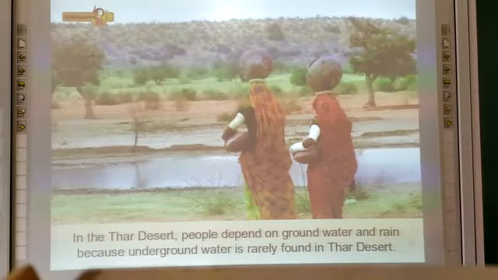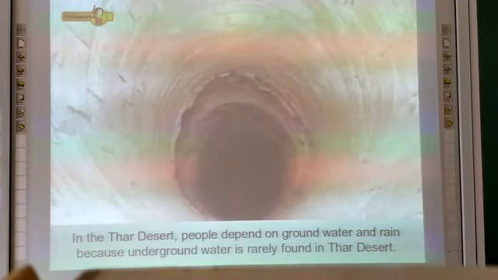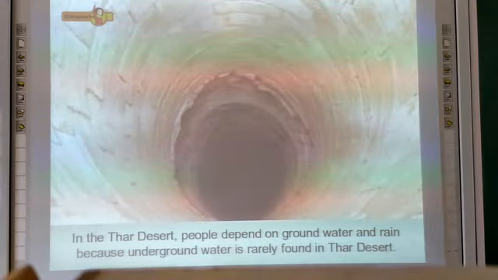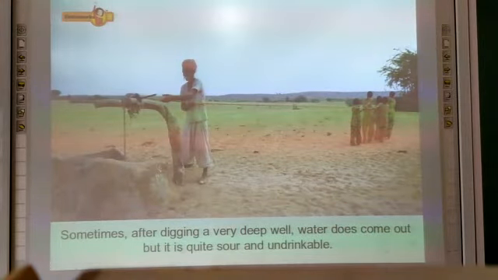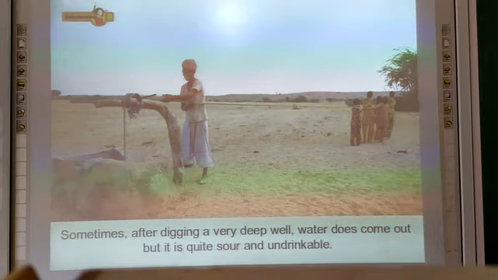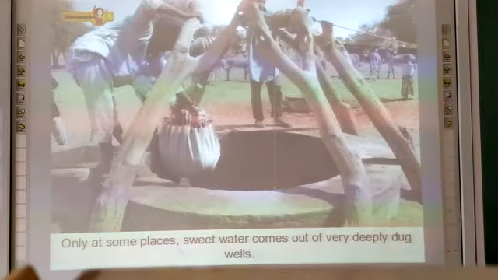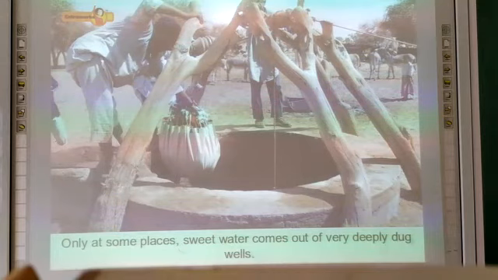The Thar Desert people depend on groundwater and rain because underground water is rarely found here. Sometimes after digging a very deep well, water does come out, but it is quite sour and undrinkable. Only at some places, sweet water comes out of a very deeply dug well.